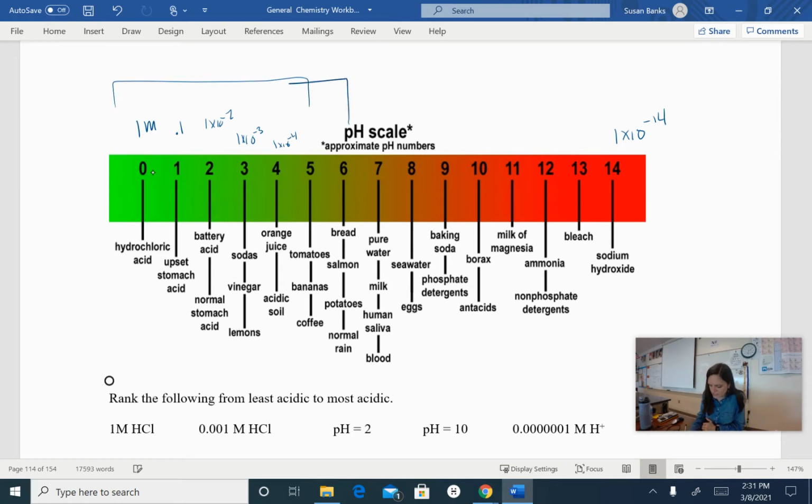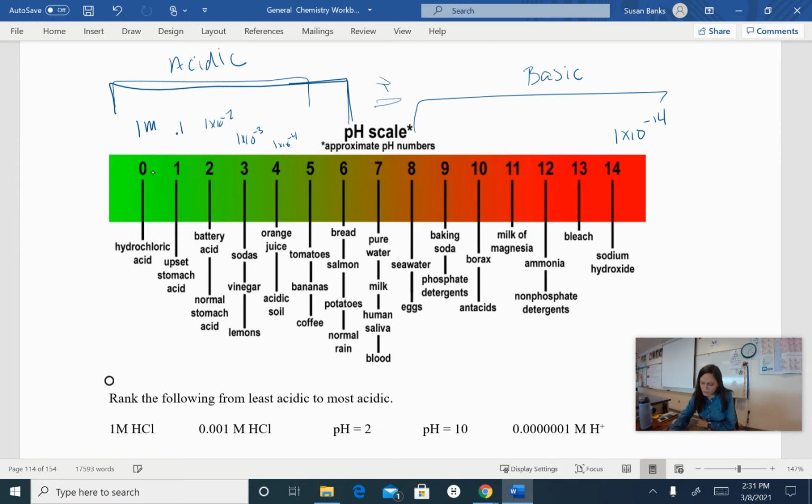I'd say actually to 6, not to 5. Acidic. And then from 8 to 14, we have basic. Okay, that means this area in the middle is pretty neutral. Now, technically, only 7, like pH right on 7, is neutral, but pretty much anything from 6 to 8 is considered relatively neutral.